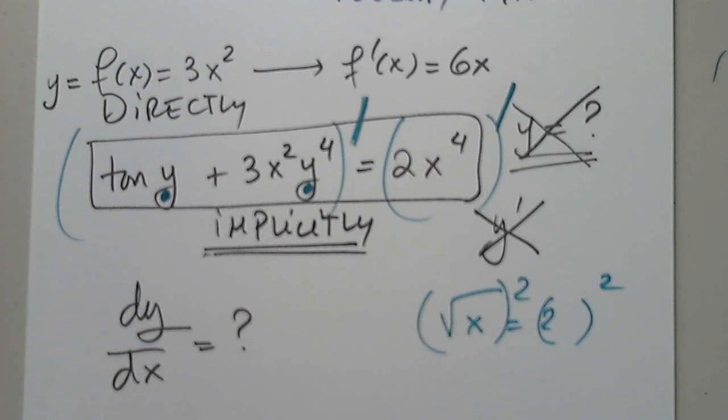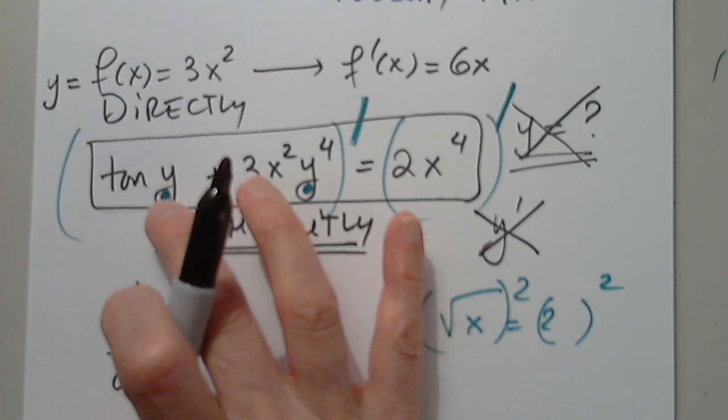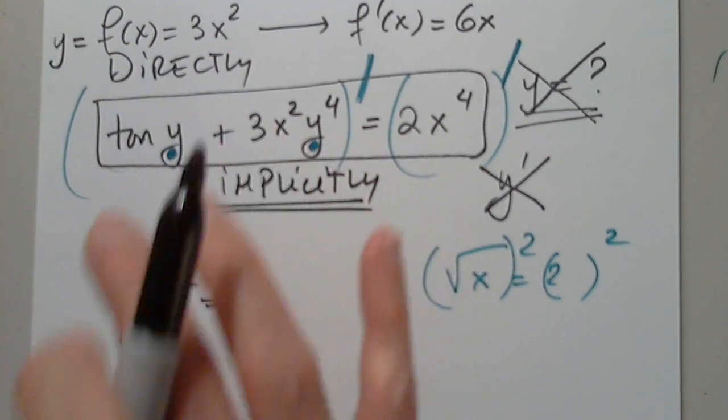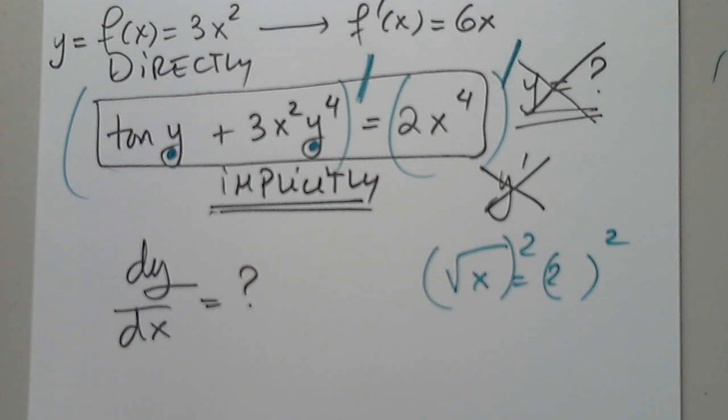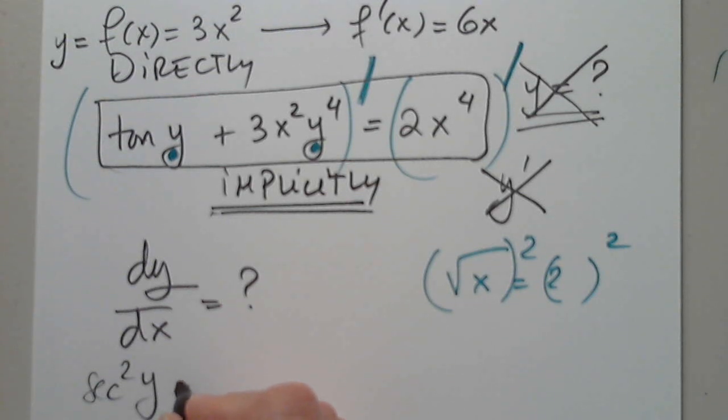So let's start by differentiating. Can anyone differentiate tangent of a function for us? Tangent of a function. Would that be secant squared of that function? Secant squared y times the inner function prime.